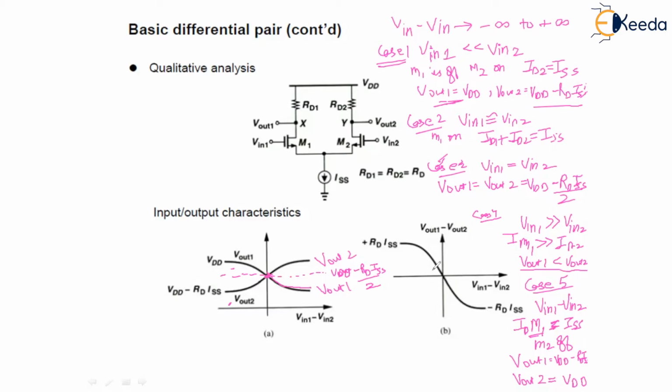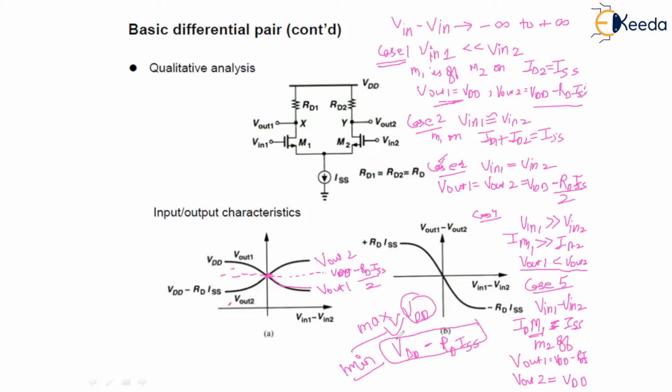The maximum is VDD and the minimum is VDD minus RD ISS respectively. This is the maximum level the output can reach, and this is the minimum level. And they are independent of the common mode level, which is very important.